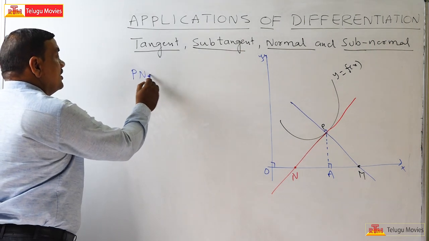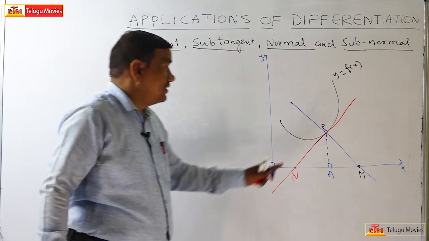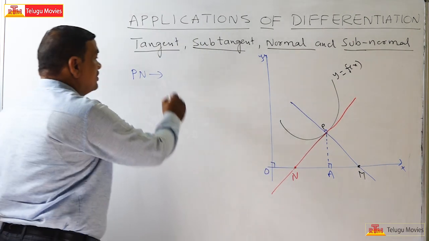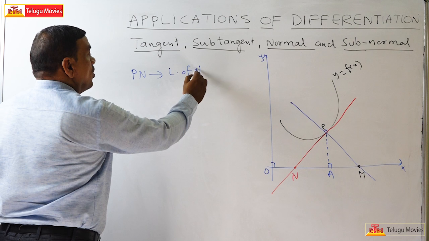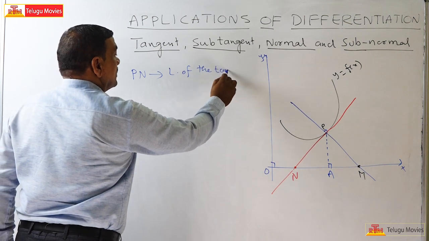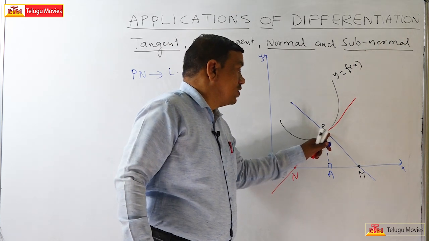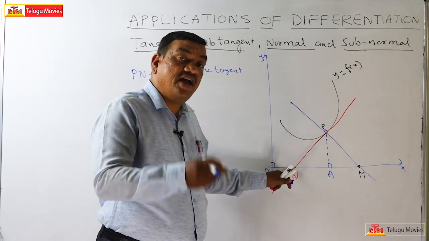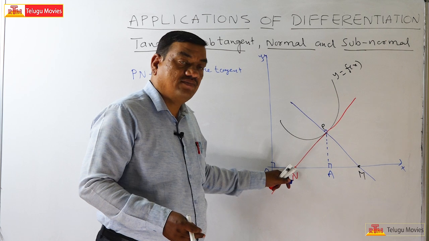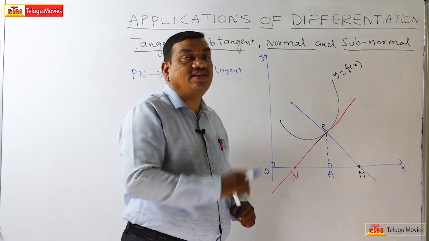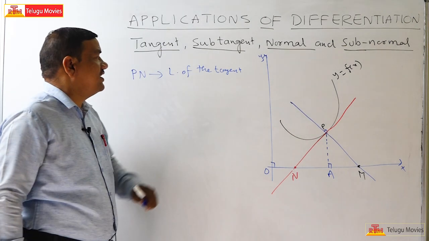PN is called the length of the tangent. That means the distance between the point P and where the tangent intersects the x-axis, at N. This PN is called the length of the tangent.